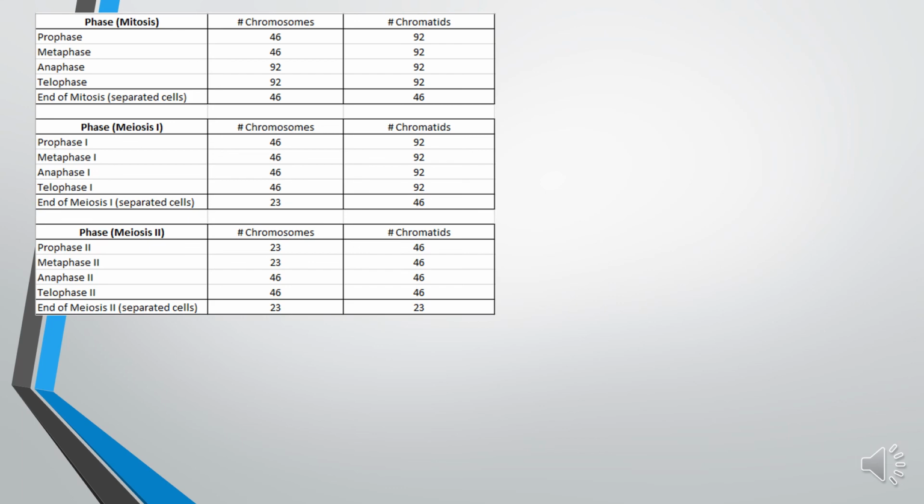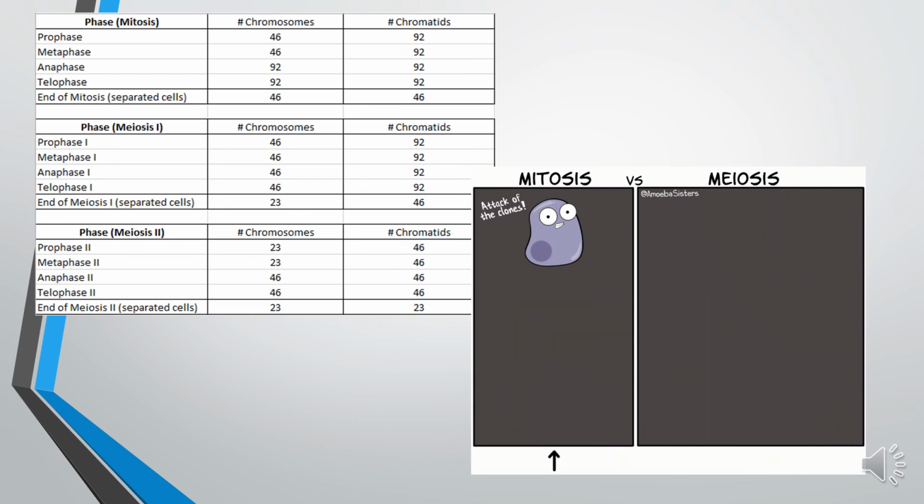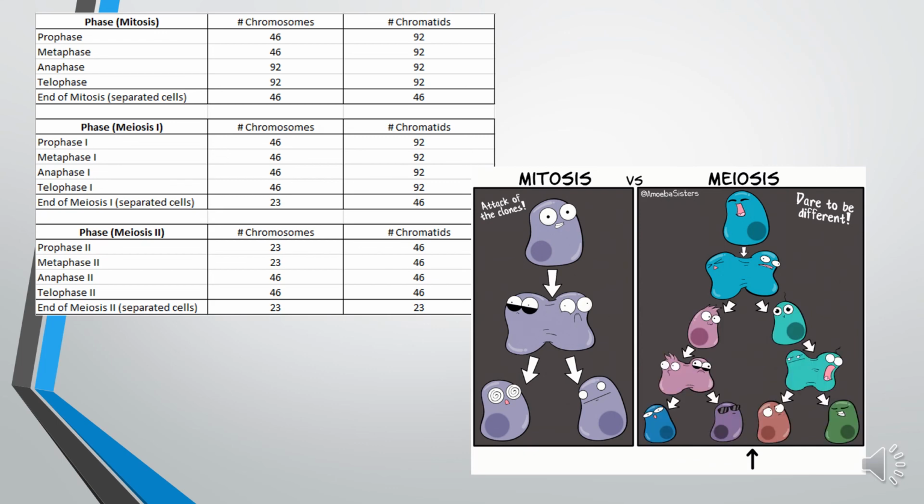So here's the representation of the distribution of the chromosomes. Look at that. Meiosis, 46. The mitosis, 46 chromosomes, and the meiosis, 23. The n chromosome is 23.